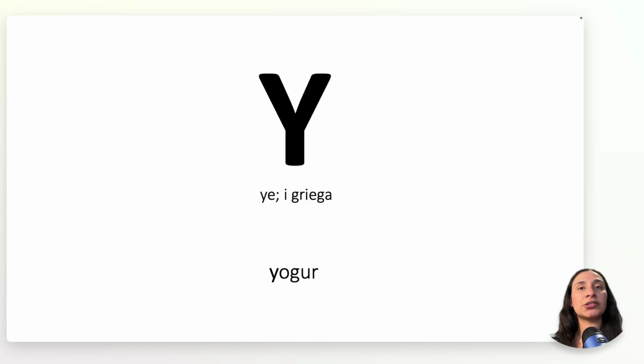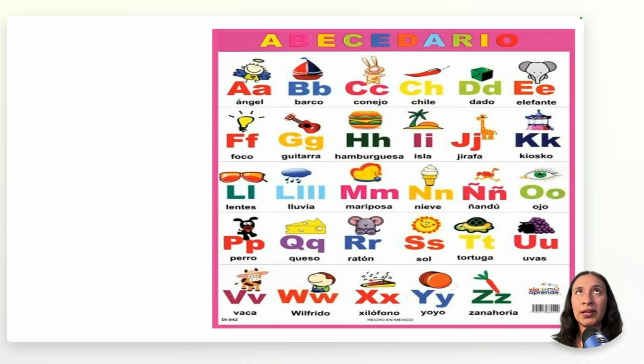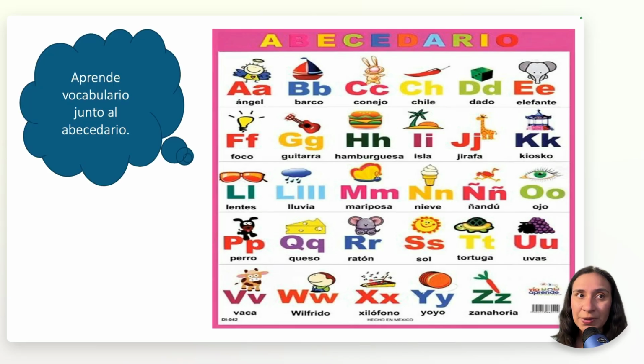And talking about all the words that we can learn next to the alfabeto in Spanish, we have here some words, right? It is interesting and useful to learn the ABC, aprender el vocabulario con el ABC.